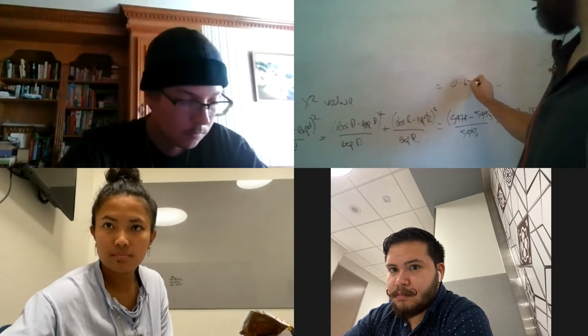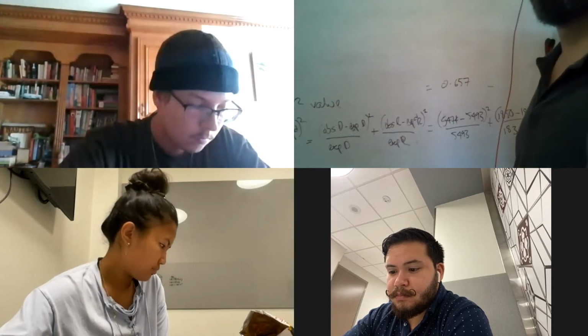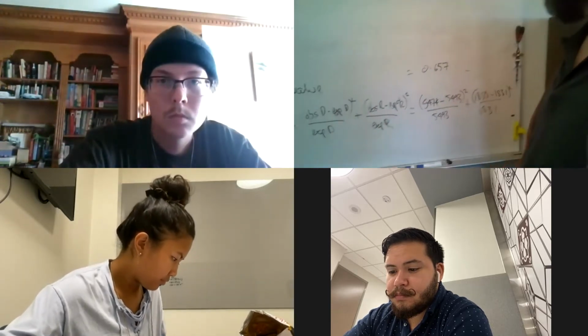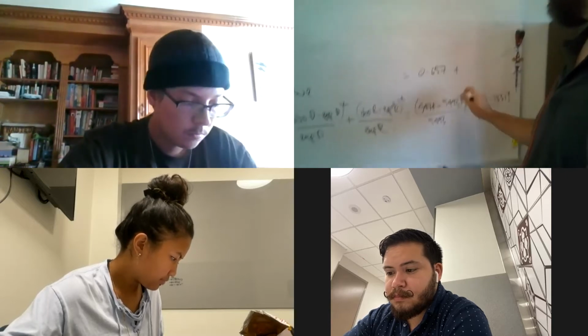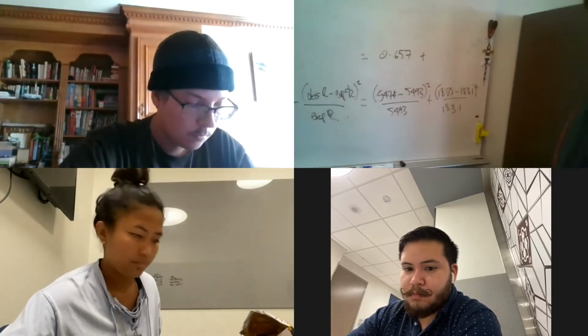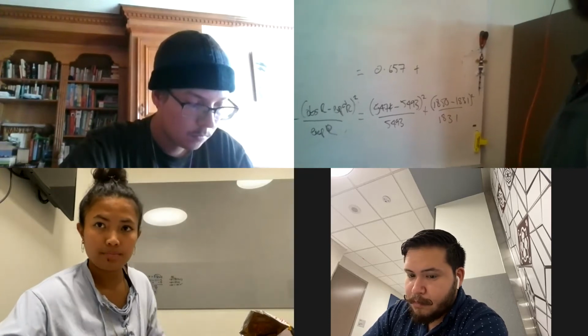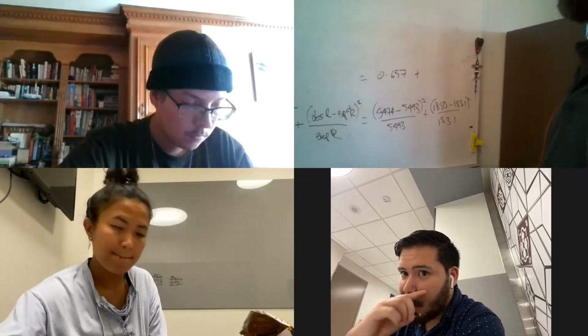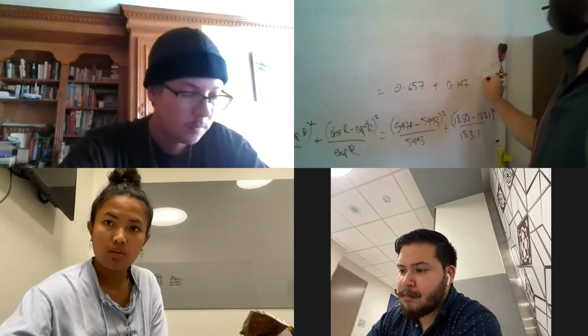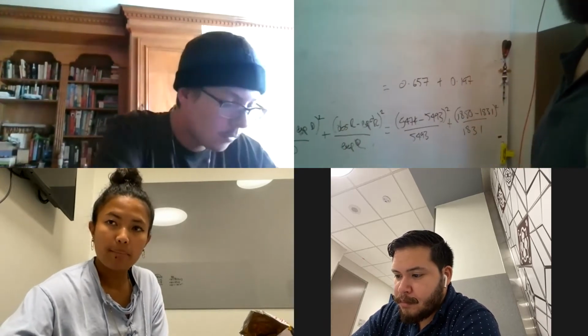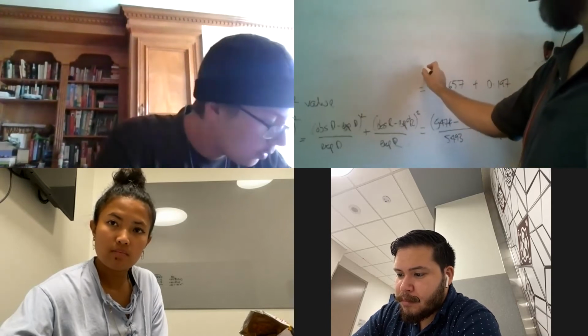0.657. This one, please. Also 19. Cool. 0.197. Okay, add those two together and you get what?